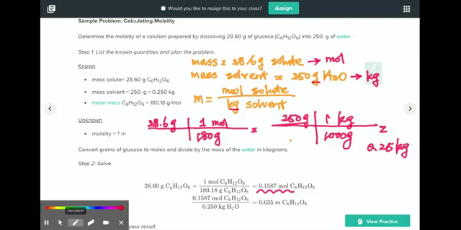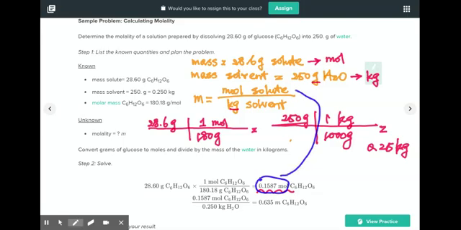Okay, now all you have to do is plug in the numbers. This number becomes the mole of solute. This number is the kilogram of solvent. And then voila, you get your answer, 0.635.